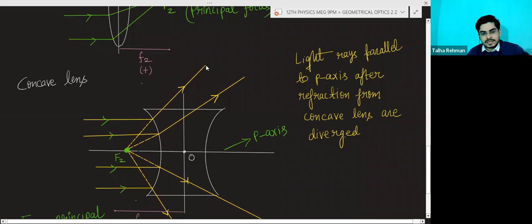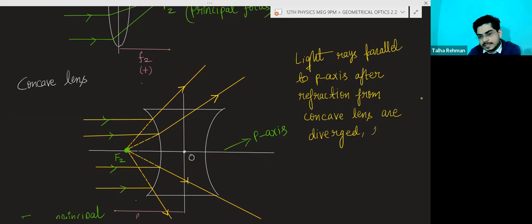After refraction from the concave lens, the rays are diverged, because a concave lens is a diverging lens. That is why it is known as the diverging lens, because parallel rays get diverged. So after refraction from the concave lens, the rays are diverged.